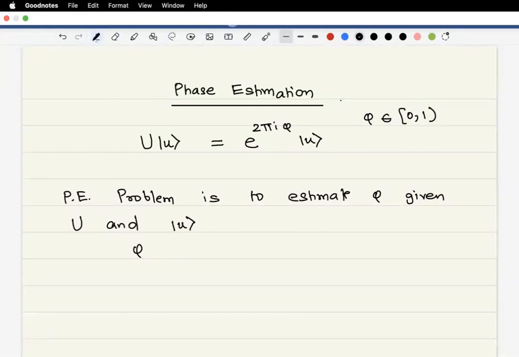So I can have a binary representation of phi equal to 0 point phi 1, phi 2, phi n, and there could be more digits up to maybe t digits. And so the idea is to estimate phi to a high accuracy, where you can choose the accuracy, let's say, to be n bits, so n bit accuracy.